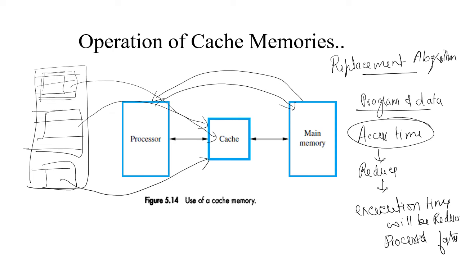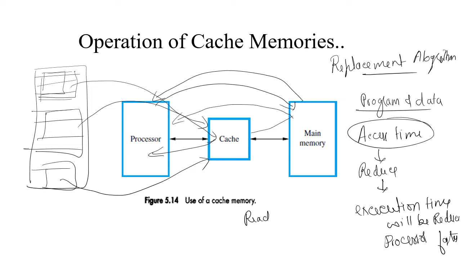So here, initially the processor will send the read request to the main memory. The main memory will send the data back to the processor, and the copy of the data that is being transferred from the memory to the processor is also sent to the cache. And the next time the processor requests the same set of data, instead of transferring the data from the main memory, the data will be transferred from the cache memory, thereby reducing the time required.